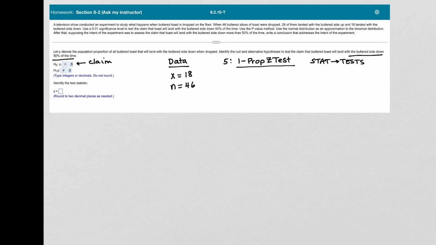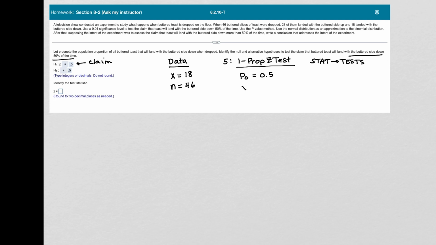And you'll find number 5, one prop z-test. So now we're going to put the information into the calculator. The first thing they ask you for is p0. This is the value from the null hypothesis, so that is 0.5.